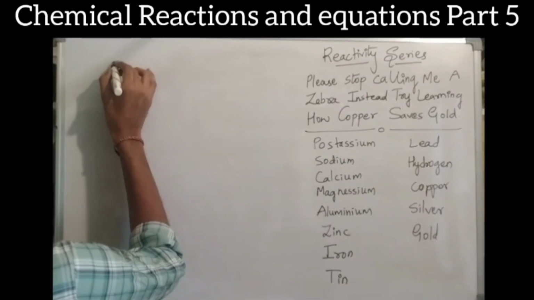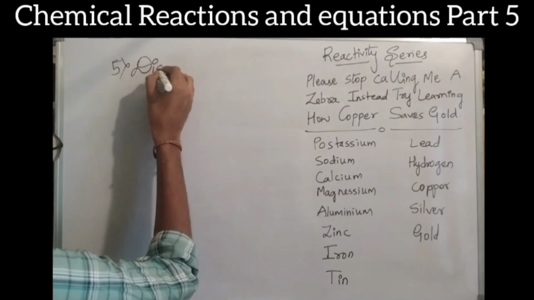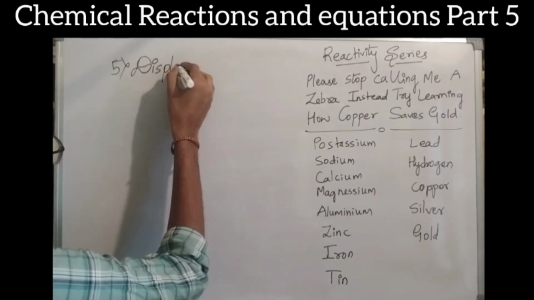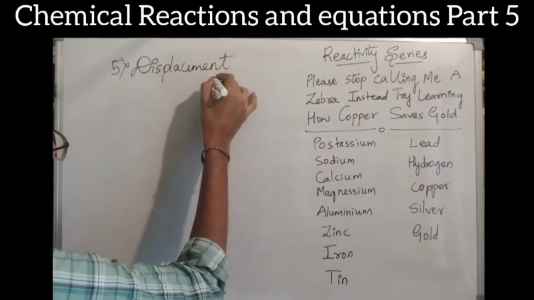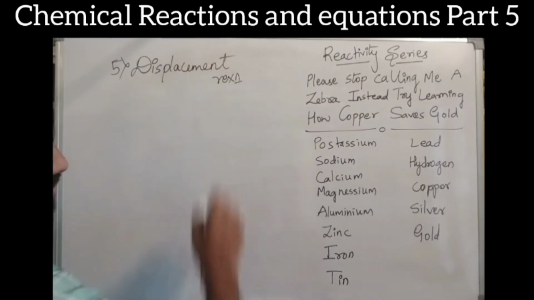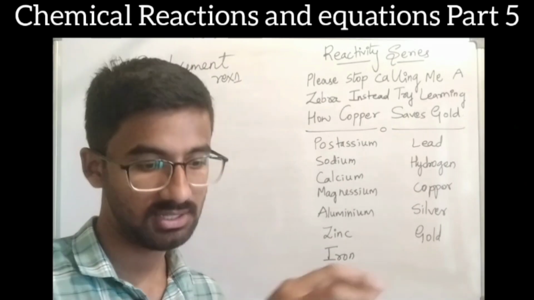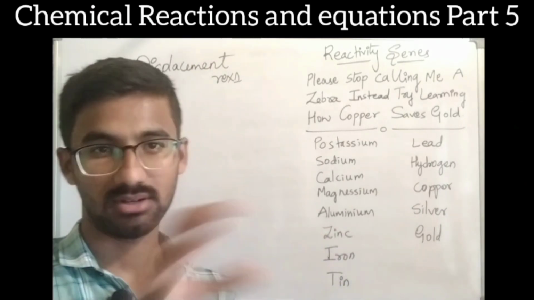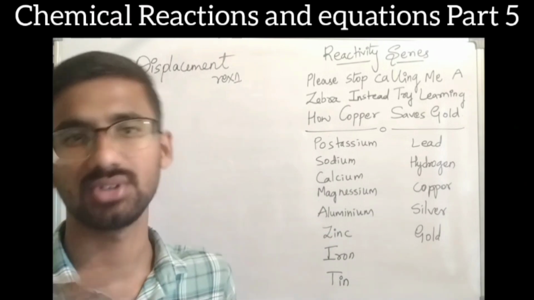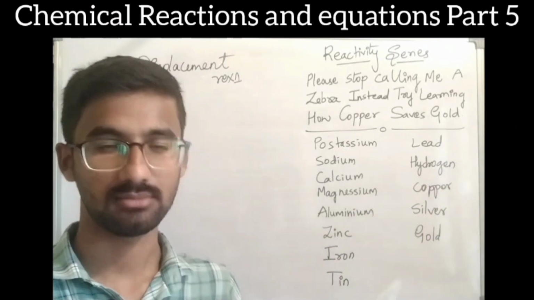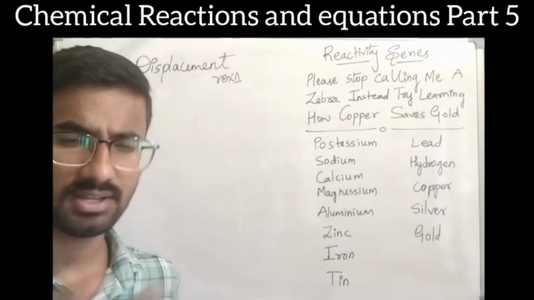Now let us go for the fifth type of reaction, that is a displacement reaction. What do you mean by displace? Placing something in the place of another, changing one for another, which is called displacement.